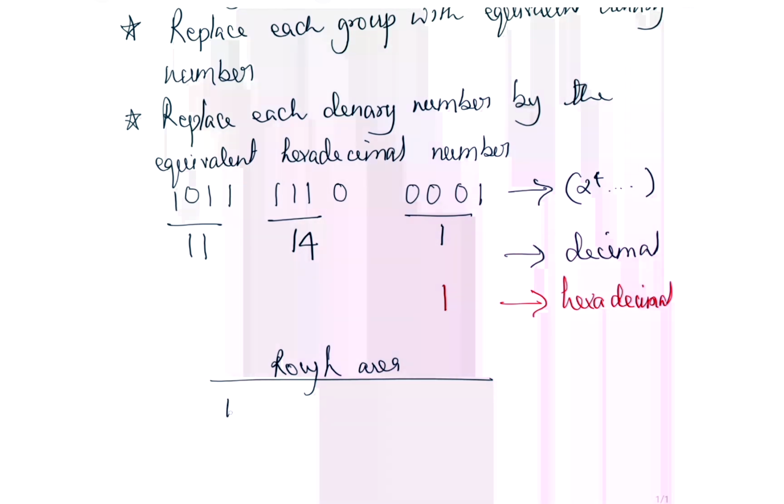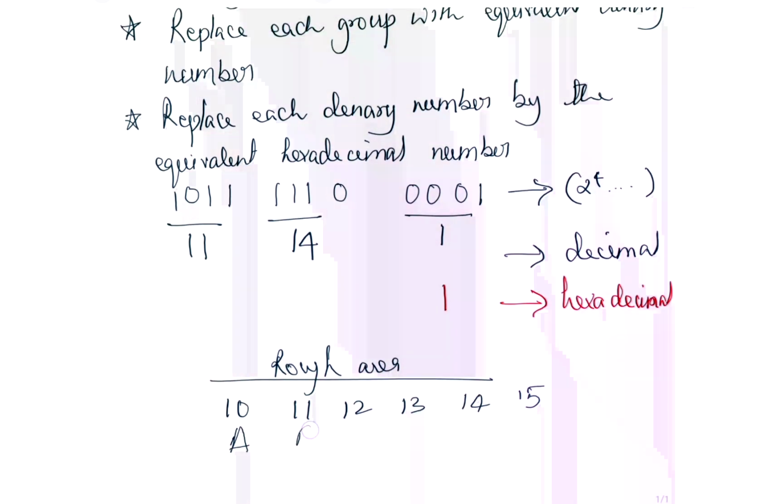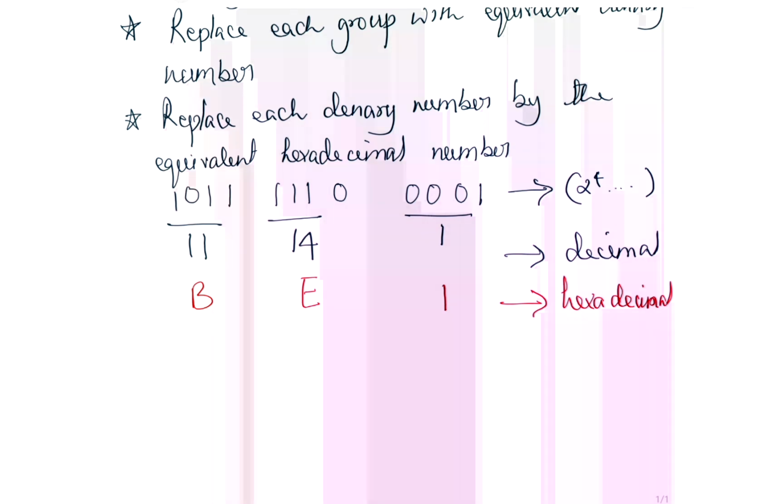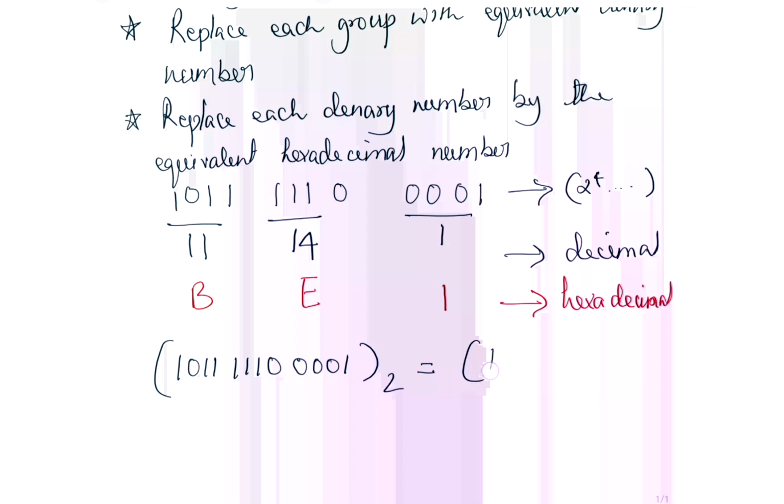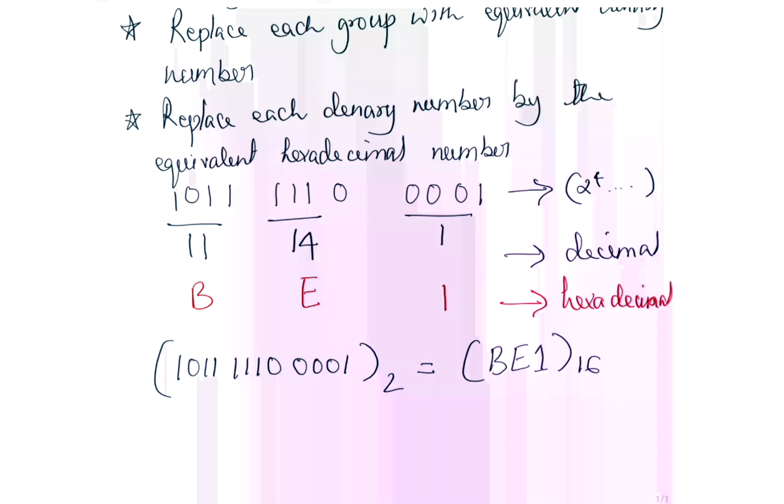So we had, starting from 10, 11, 12, 13, 14 and 15, capital A, B, C, D, E and F. So let's use this. 14 is represented by E and 11 is represented by B. So erasing this rough area, we actually get the final answer that 1011 1110 0001 in binary is equivalent to BE1 in hexadecimal. Do remember to write the base. I hope this is clear.